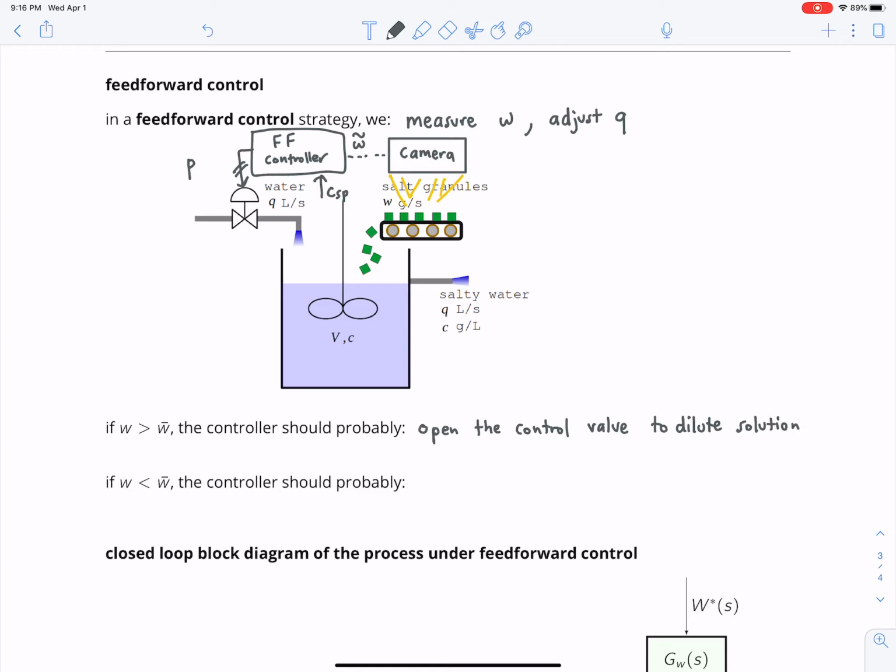And if W is less than W bar, what it should do is close the control valve, because we would over dilute the solution otherwise, to concentrate the solution.